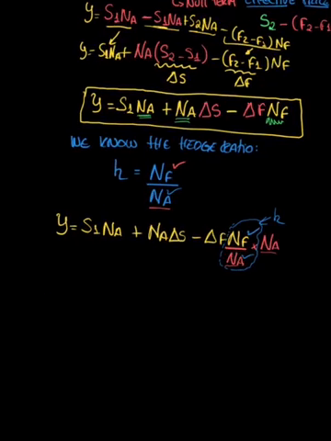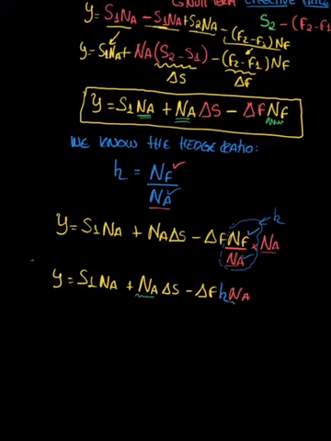So let's rewrite the formula. So now we have Y equals S1 NA plus NA delta S minus delta F H and the number of assets. And now I look again at my formula and I see that I can also simplify it. So again, if we look at the formula, we see that we have the number of assets and again the number of assets.